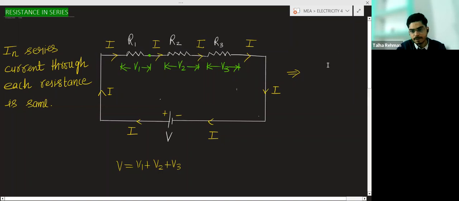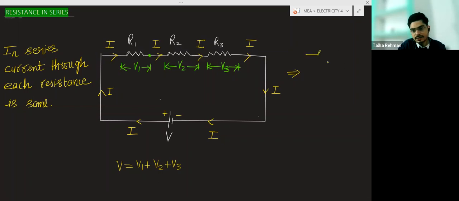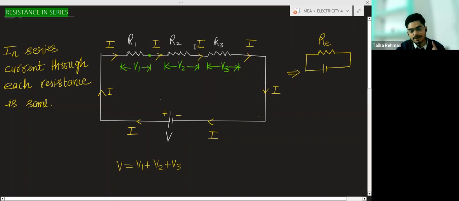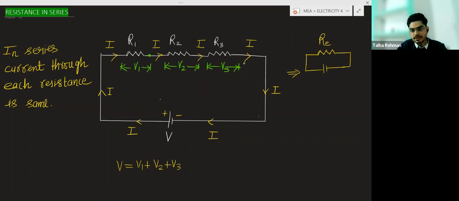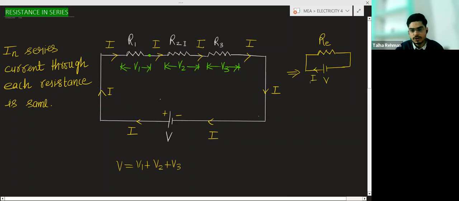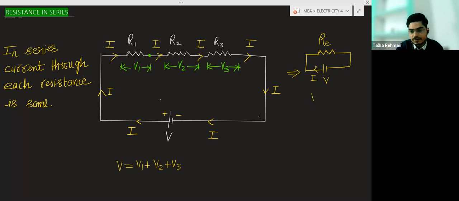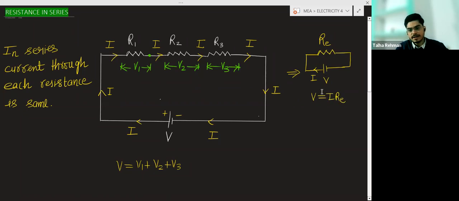Means I am connecting a single resistance like this, and this resistance is the equivalent resistance of R1, R2 and R3, and this is the cell connected, and current is flowing like this, no problem. So for this circuit, can I write V is equal to I into Re?